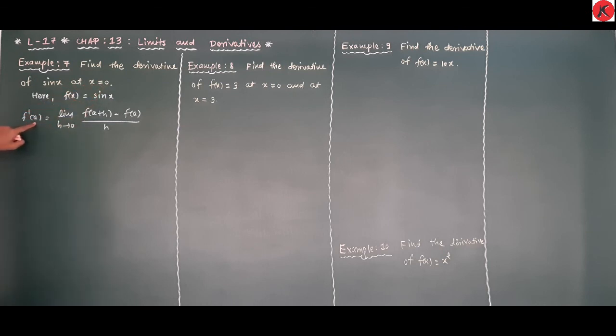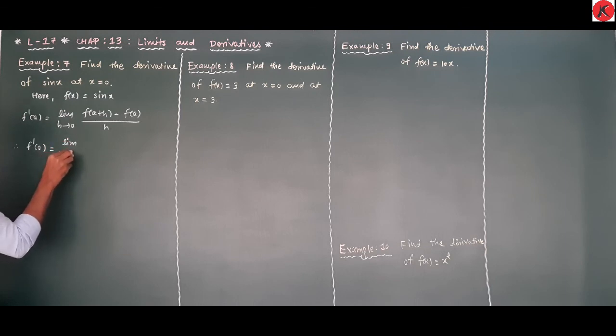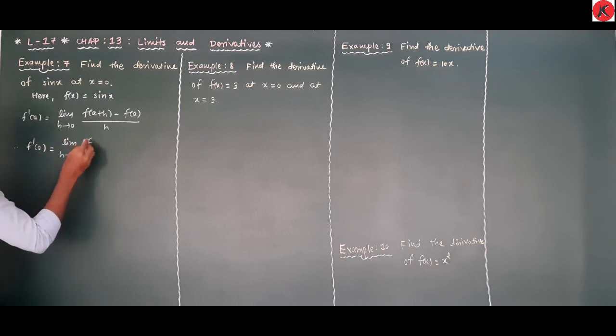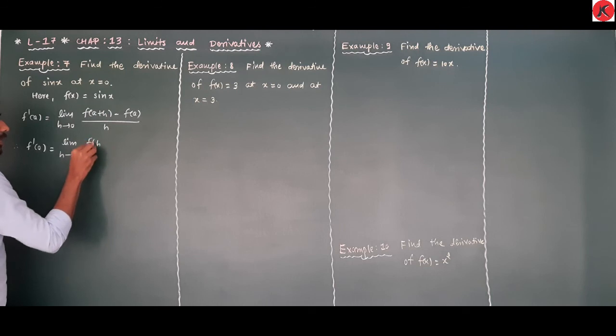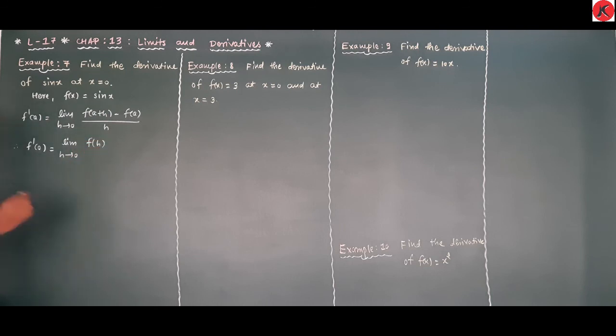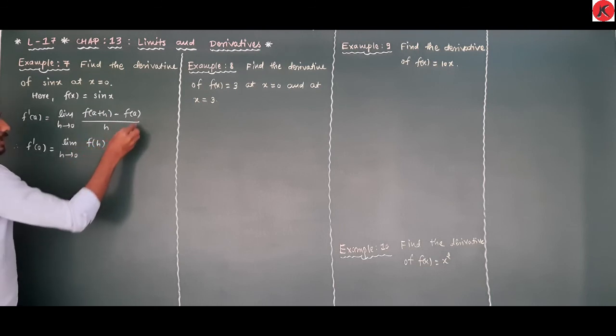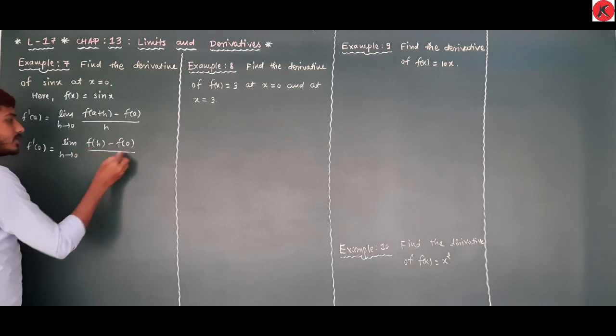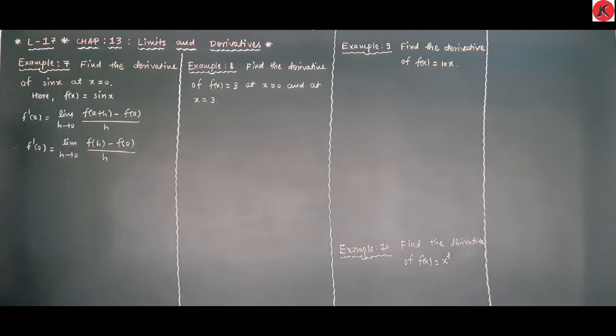That means put a equals to 0 in this definition. Therefore we will get f dash 0 equals limit h tends to 0 of f of 0 plus h, that means f of h, minus f of 0, divided by h.